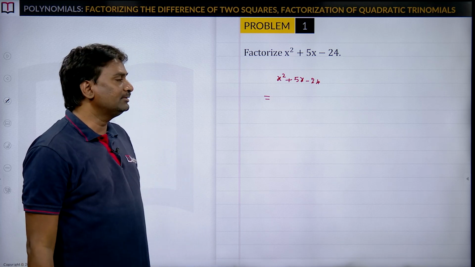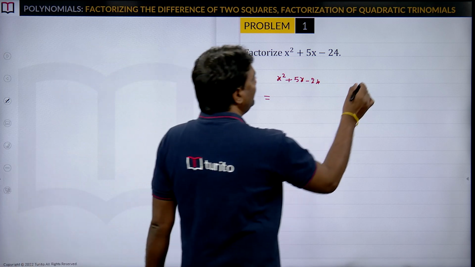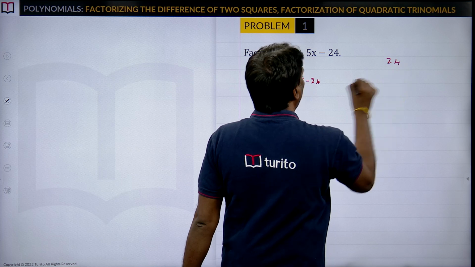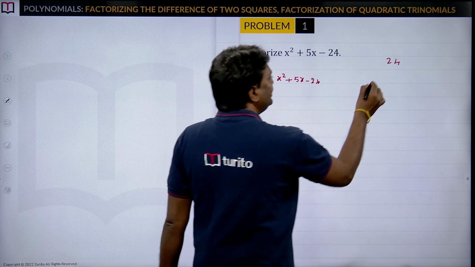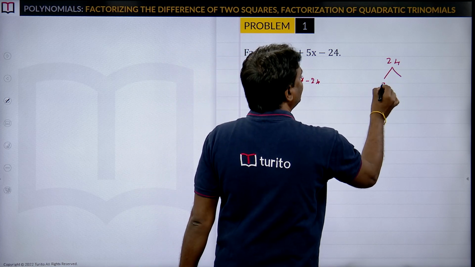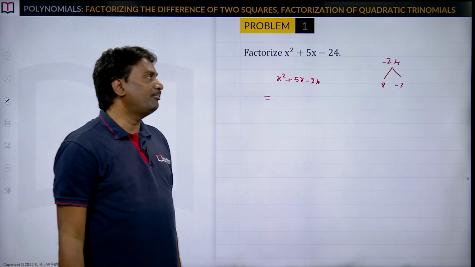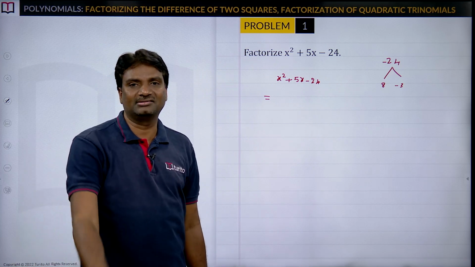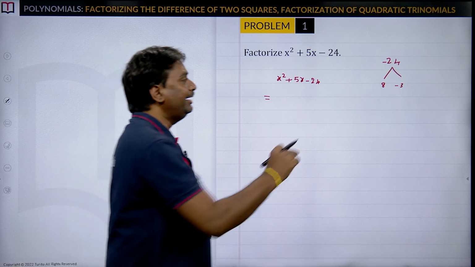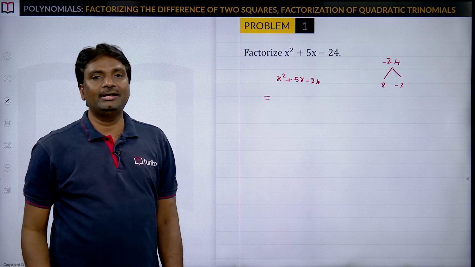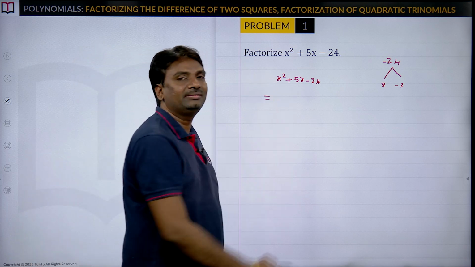We take the factors of minus 24 according to the middle term, which is 5. By taking the factors of minus 24 as 8 and minus 3, 8 into minus 3 is minus 24. By adding 8 and minus 3, what will you get? 8 minus 3 equals 5, that is the middle term.